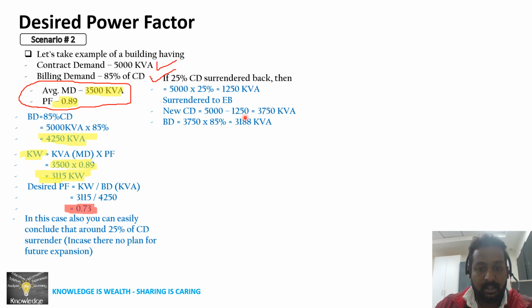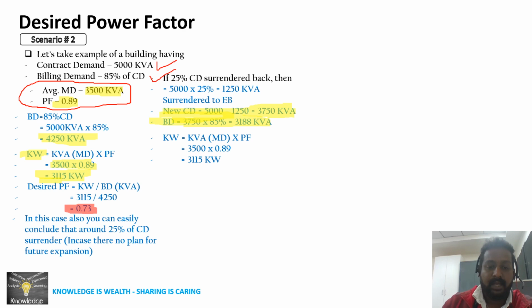So our new contract demand will be 5000 minus 1250, it is 3750. Billing demand is 85% of contract demand, so 3750 into 85%, 3188 kVA is our new billing demand.